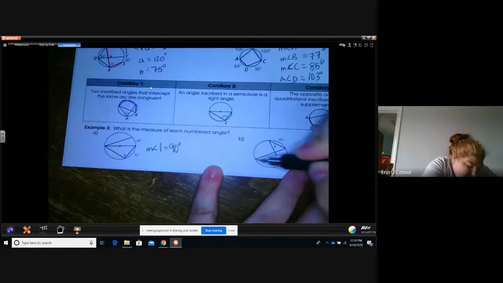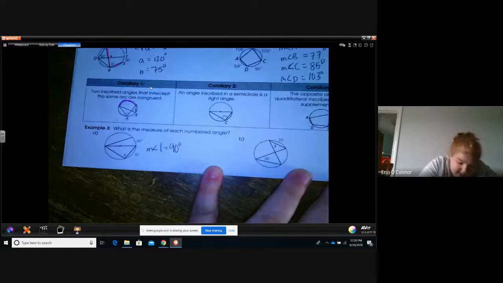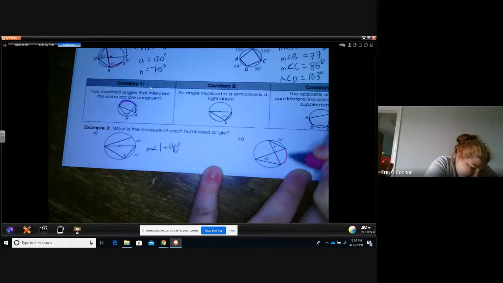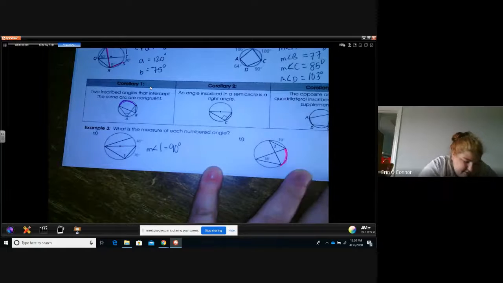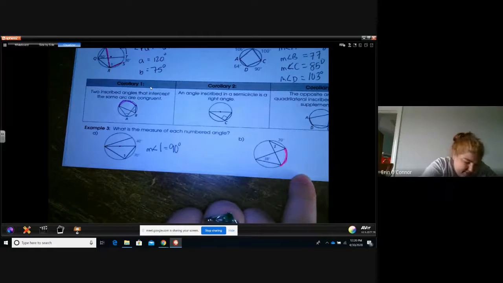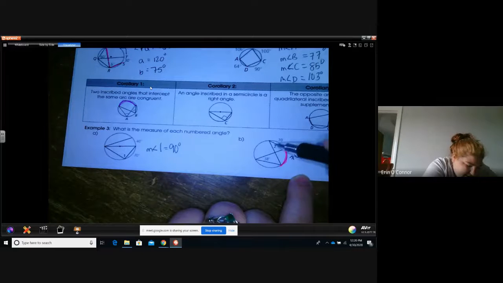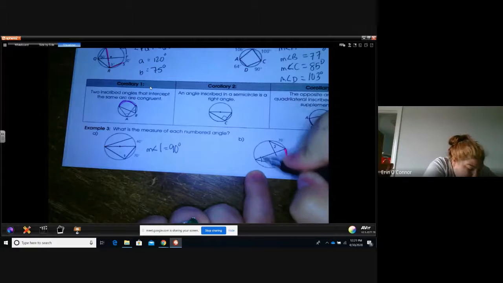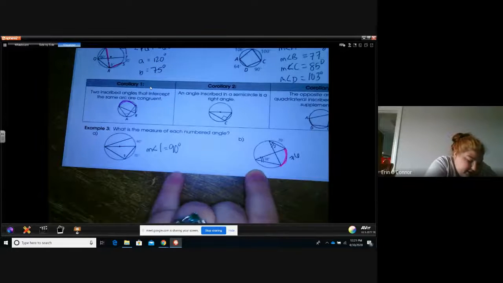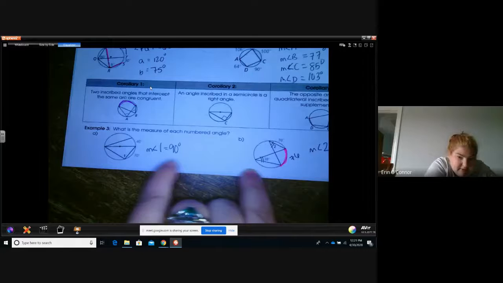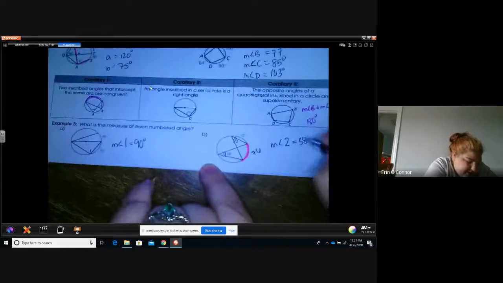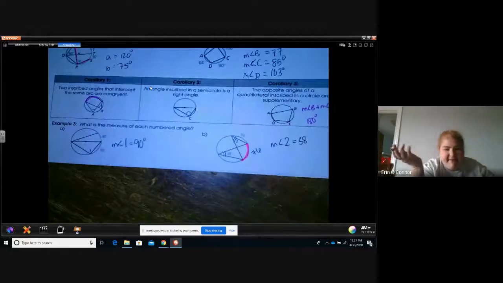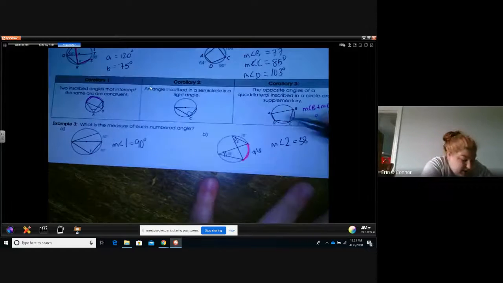Well, this one right here is this arc, meaning this arc is 76 degrees. And then likewise, 2 is going to be half of that, or 38 degrees, meaning these two are congruent. So the measure of angle 2 is 38 degrees because they share the same arc. They have to have the same angle measurement.